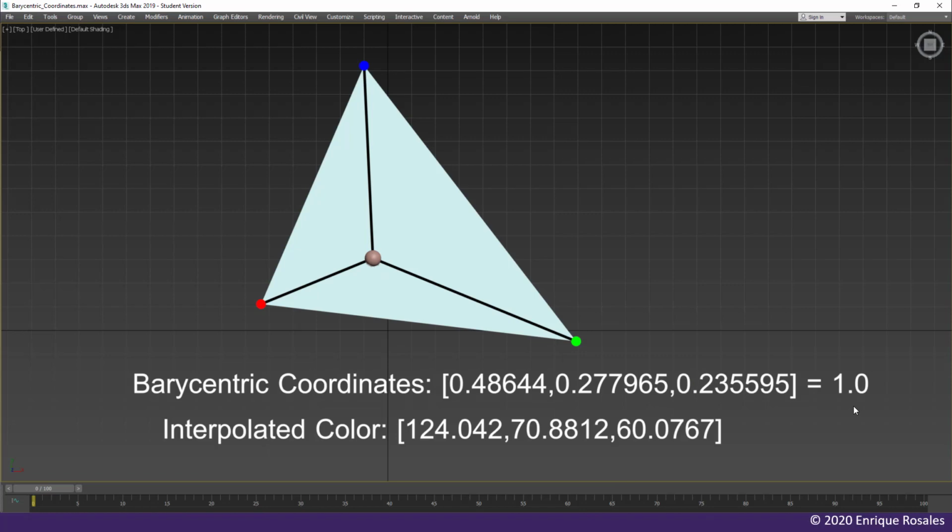But here I have something to tell you. Remember that when we are dealing with floating values, which is very, very common in computer graphics, we always deal with floating numbers. You need to take into account that it will be almost impossible to get exactly 1.0, right?